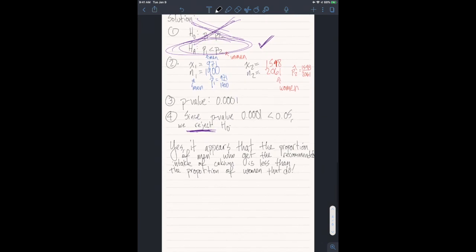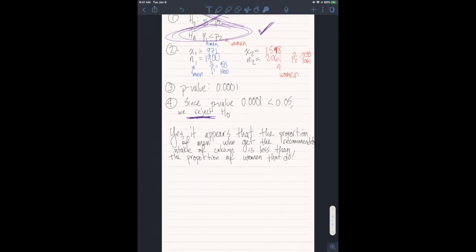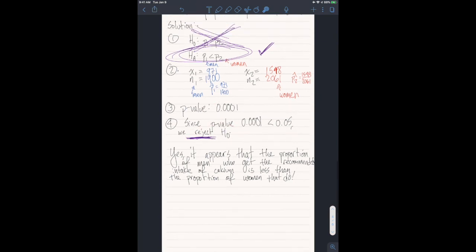Got a p-value, and when I see a small p-value, I know that means I end up rejecting the null. And the null is always set up that the proportions are the same, that there's no difference between men and women in this case. And since I'm rejecting the idea that the proportions are the same, that means I believe this.